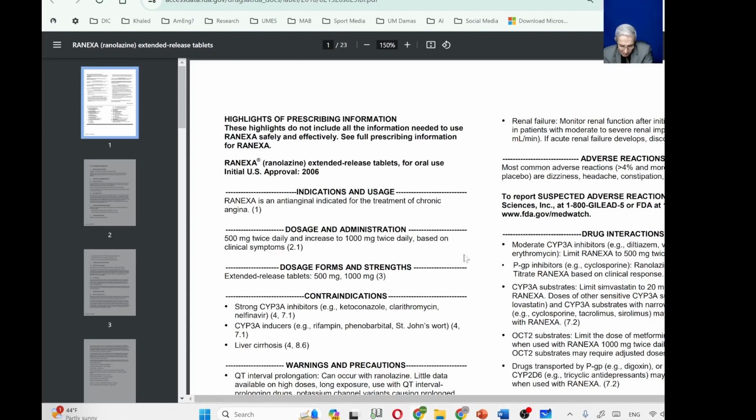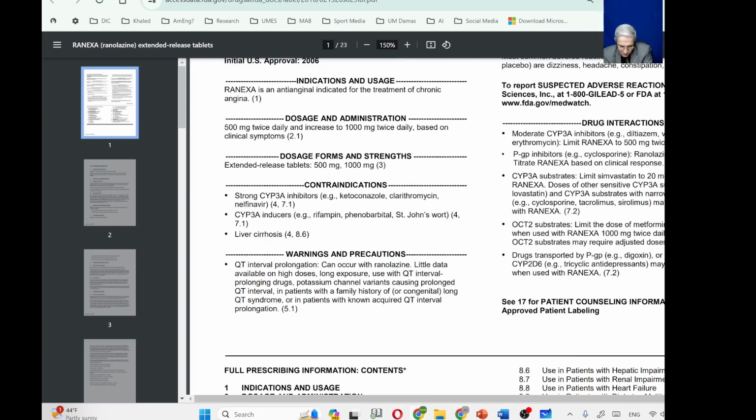I need to focus on something important here. You can see the warning for Ranexa. They said this medication may cause QT interval prolongation. So this is an important concept for ranolazine, prolonged QT interval.